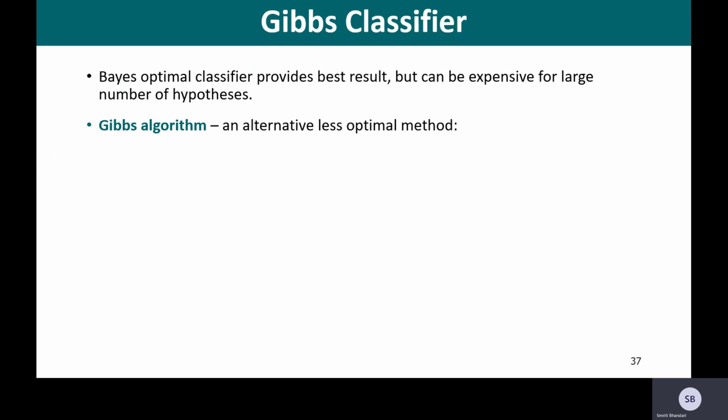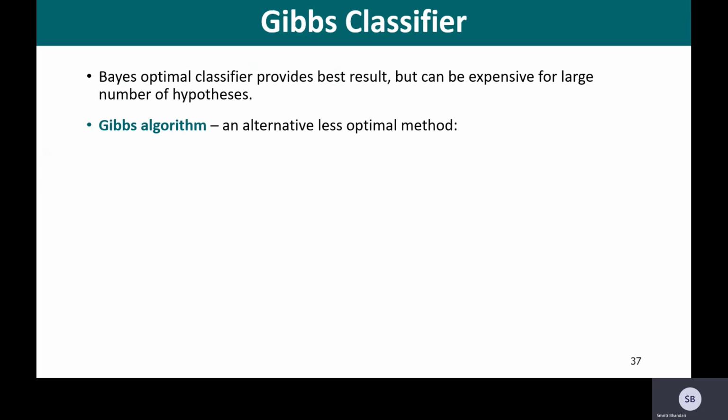class, right? Now, in Gibbs algorithm, we are trying to do the same thing, that is, we are trying to classify the sample. We can treat this as an alternative method for Bayes optimal classifier, but it is a less optimal method.